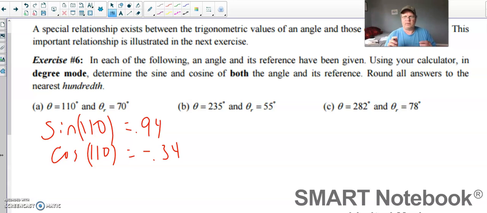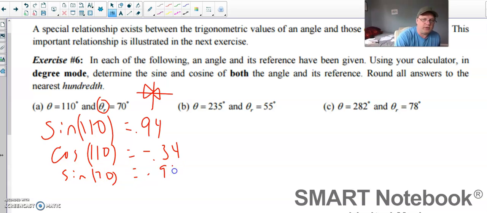Now, it says reference angle. This theta with a little r, that's the reference angle. Remember, a reference angle is always between 0 and 90, and it's always positive. It's always the distance from the x-axis, your bow tie. So this one is 110. It's in quadrant 2. So therefore, we do 180 minus 110, which is 70. So sine of 70 is 0.94. Cosine of 70 is 0.34.